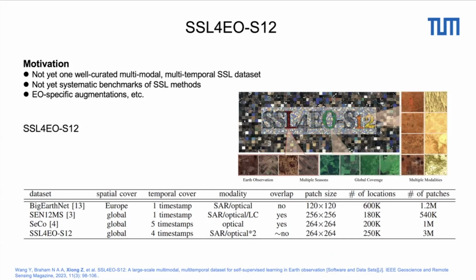So we built this dataset. It is a global coverage dataset covering four different time steps, including different seasons, with more than 250,000 locations and more than 3 million patches.